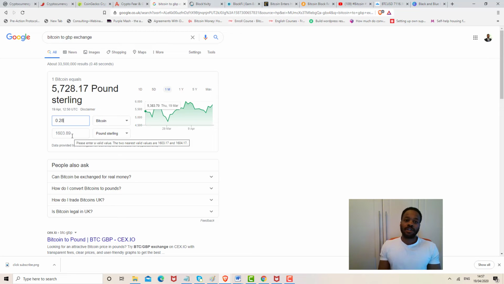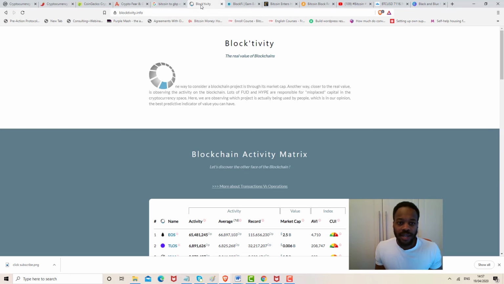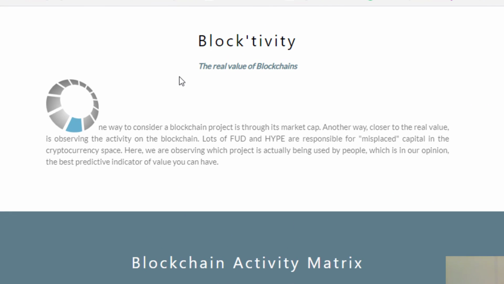So the final tool in our toolkit to look at of our websites is Blocktivity. Now, Blocktivity, I will read you the introduction here.